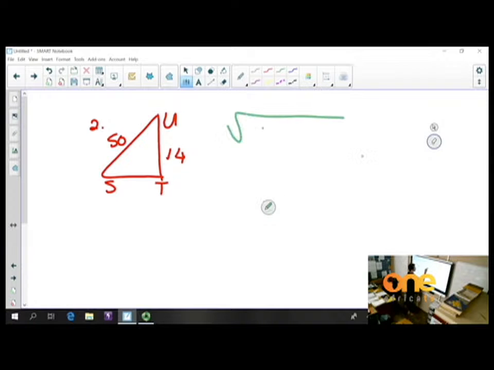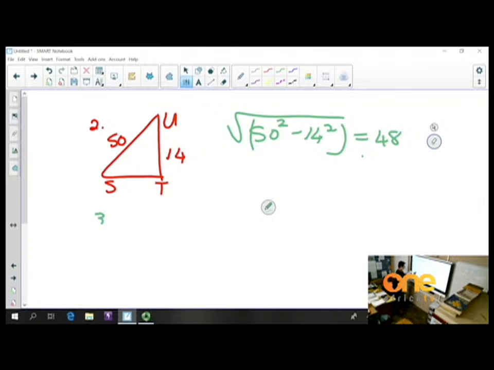So it will then be 50 squared minus 14 squared. In brackets there. So it is then the square root of brackets 50 squared minus 14 squared, close the bracket, is equal to, I got 48.